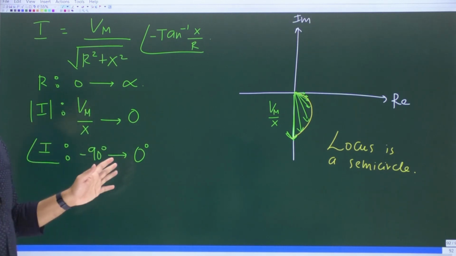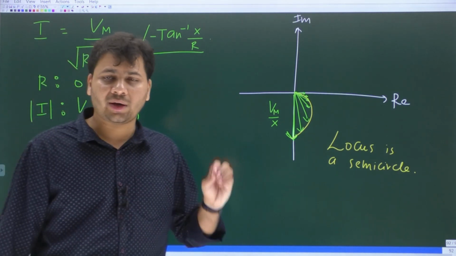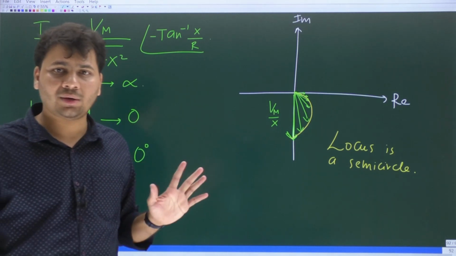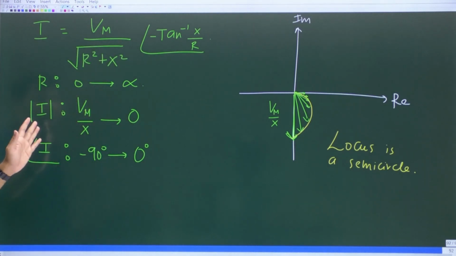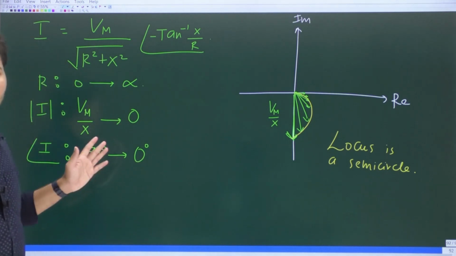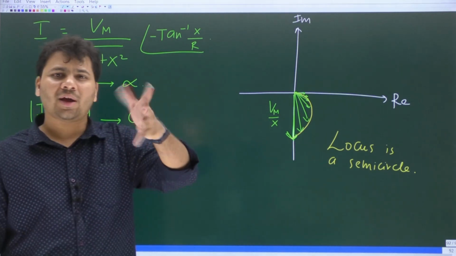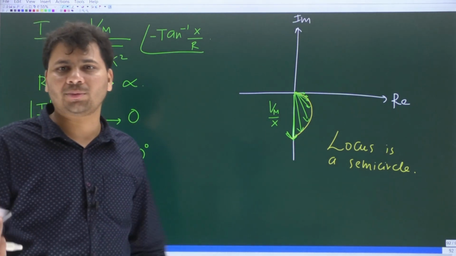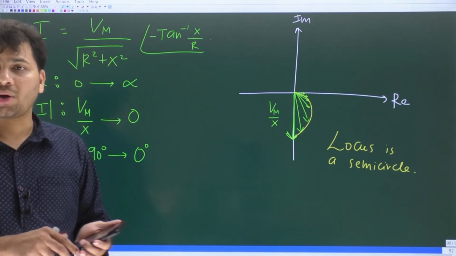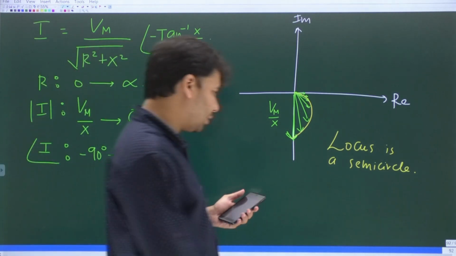So when any parameter, in this case the resistance value, is varied from one value to another value, both the magnitude and the angle will vary. Just write down how the magnitude is going to vary. Also write down how the angle is going to vary. Once you know how the magnitude and the angle are going to vary, you draw a few phasors, you just join all the tips, you will get the locus. This is how we go about problems related to locus. Okay.